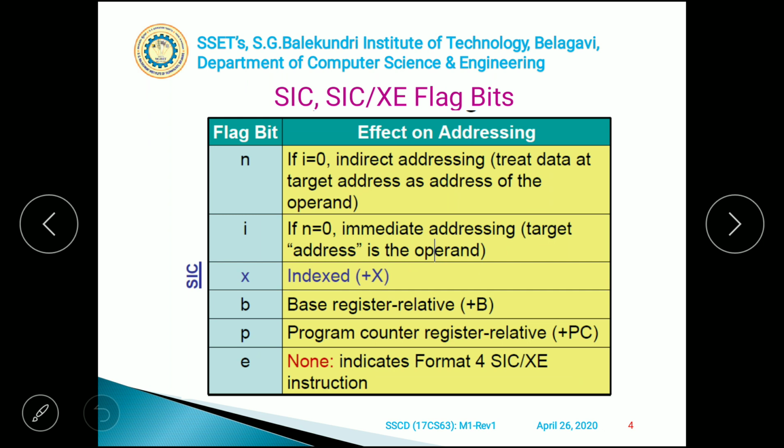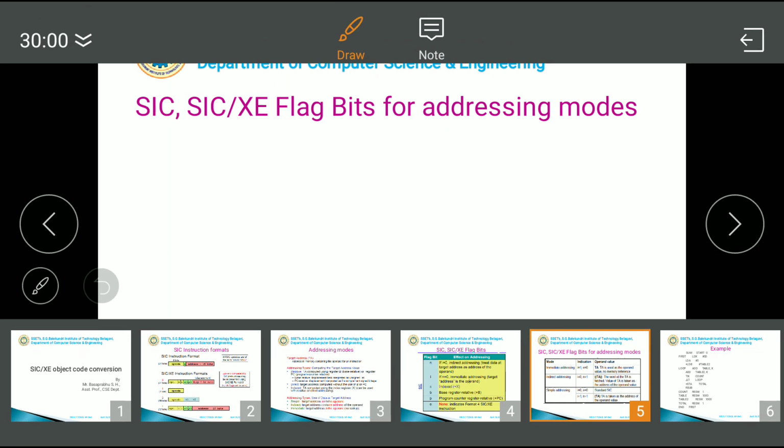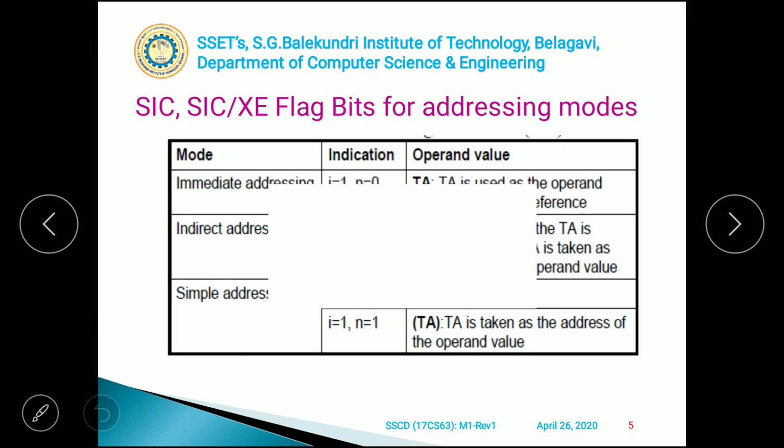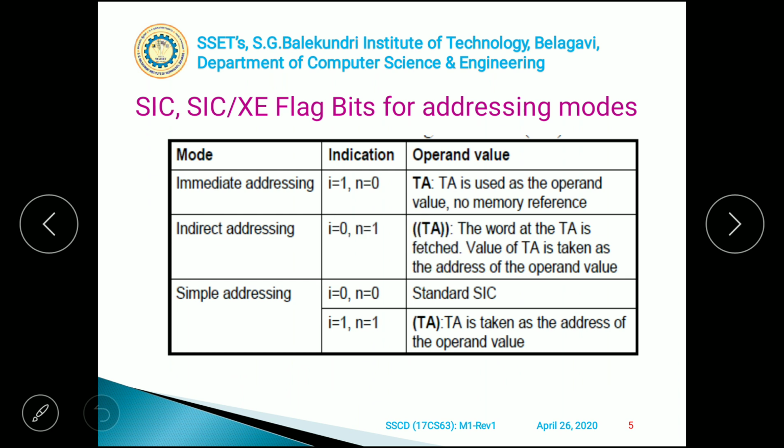N is used in case of indirect addressing mode, where you set n equal to 1, and if i is equal to 1 then it's immediate addressing. If x is set then it is indexed. If the base bit is set to 1, then it's base register relative. If the p value is set to 1, then it's program counter relative. When you are using an extended format, that time you will be using e equal to 1. The different addressing modes with those indications are given in this table.